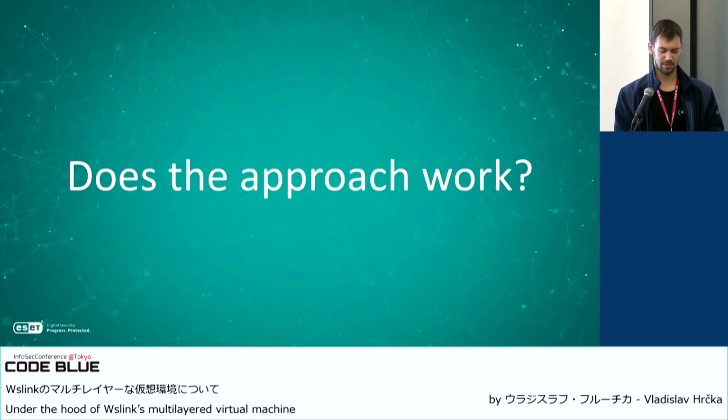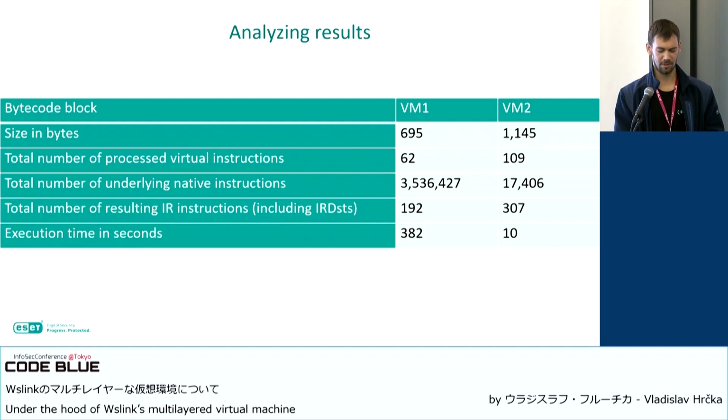And the question is, does the approach work? So before we compare our results against the discovered non-obfuscated sample, we will look at some statistics. In the second VM, the most important thing is the third line.